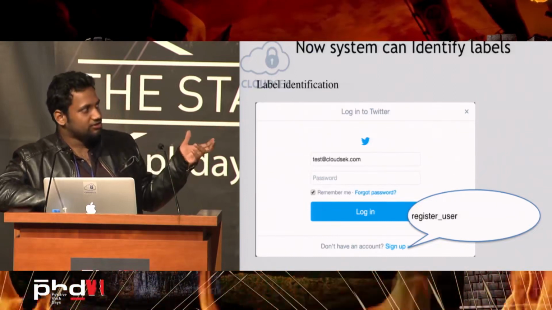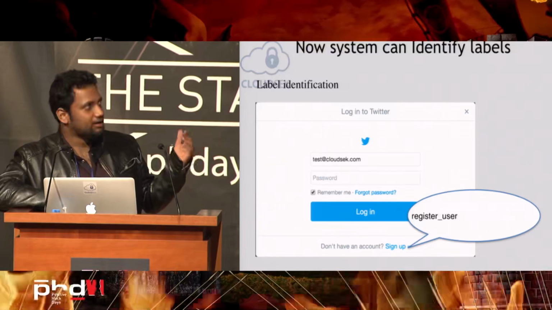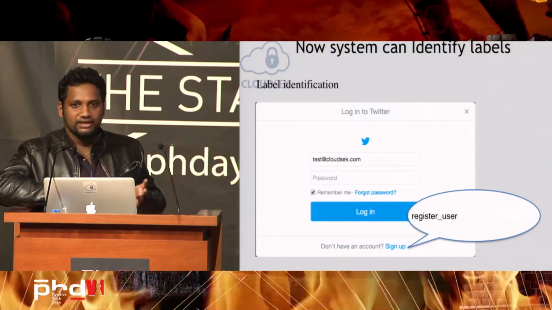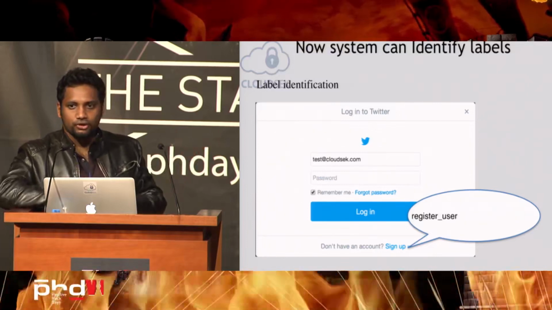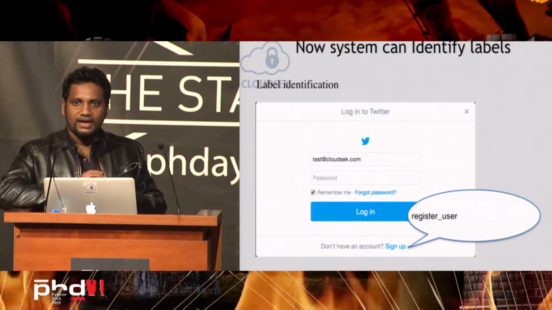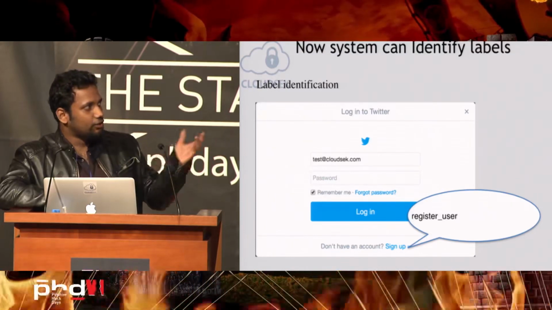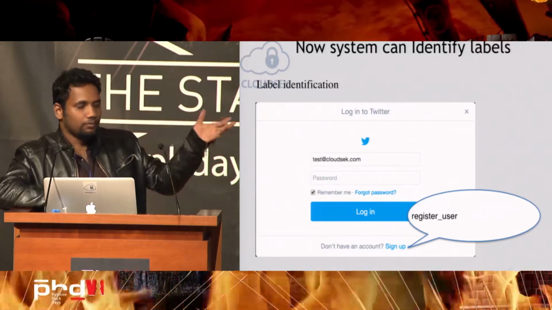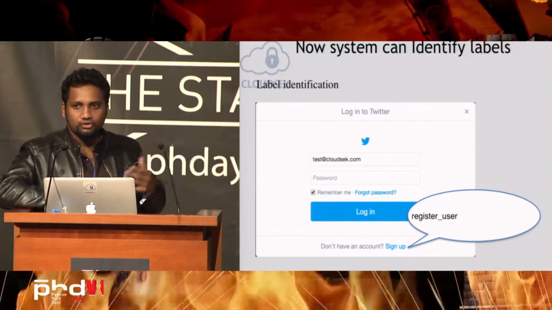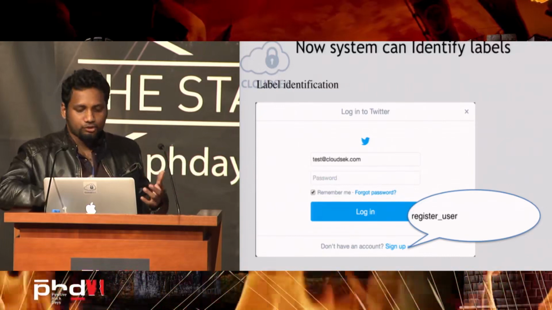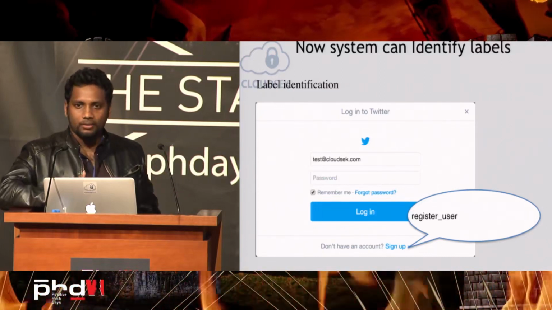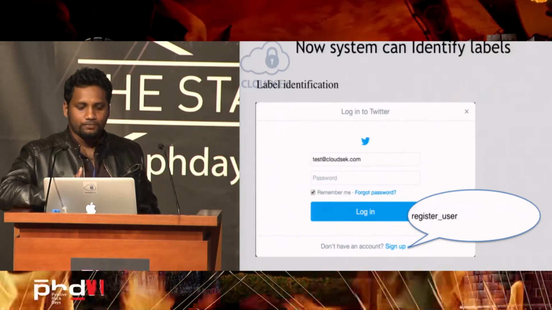When it encounters something called sign up, it understands that a register user functionality is being performed here. So whatever payloads and attack methodologies belong to register user have to be tried over here. That means we were creating more context about the web application.